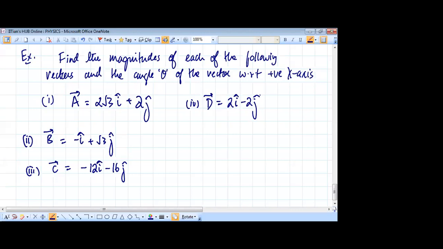Yes, the magnitudes are correct. Third one, Hitanshu, your angle is not correct.